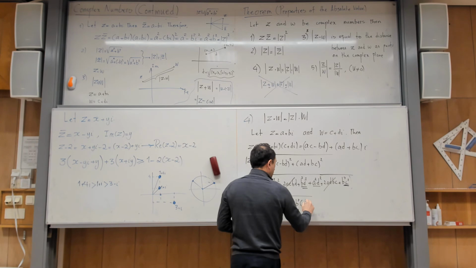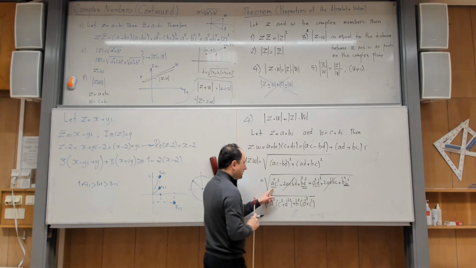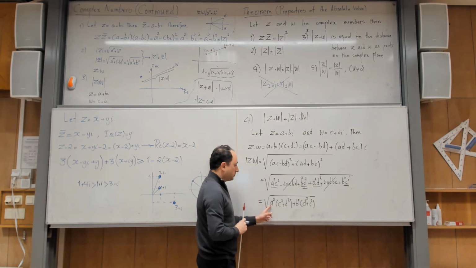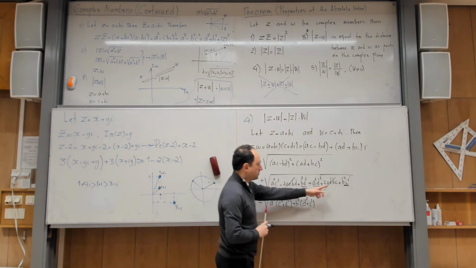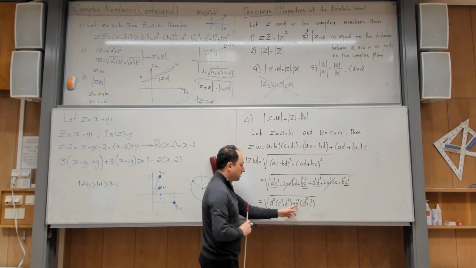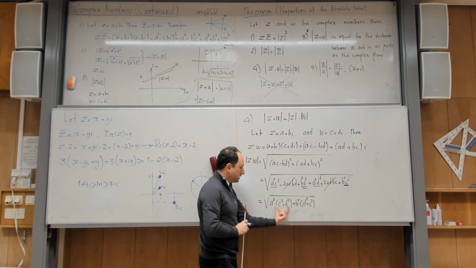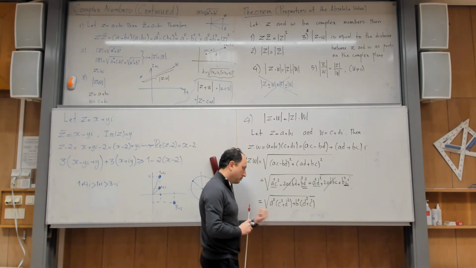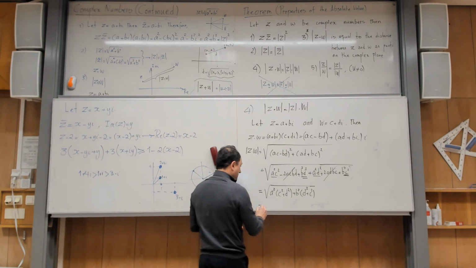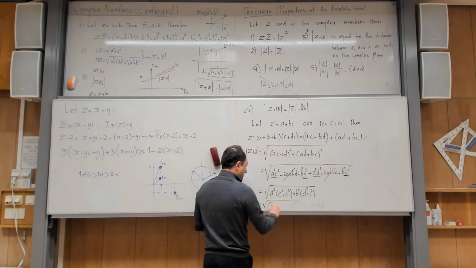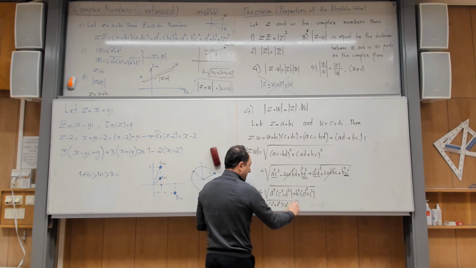It becomes d squared plus c squared. But then c squared plus d squared appears here and there, so I can pull it out again. So this becomes the square root of c squared plus d squared multiplied by a squared plus b squared.